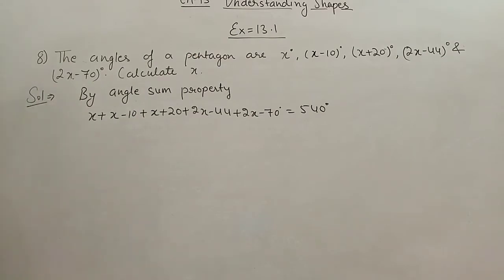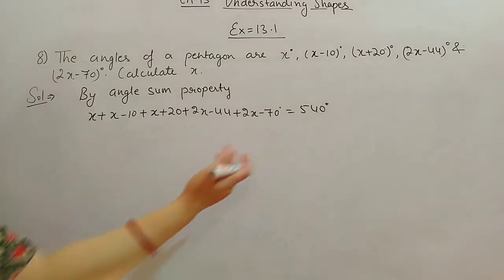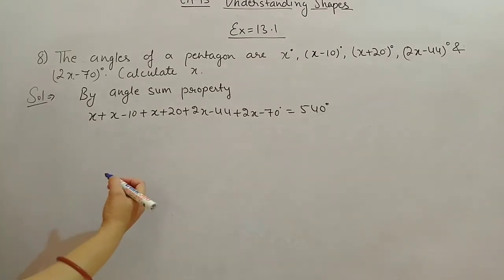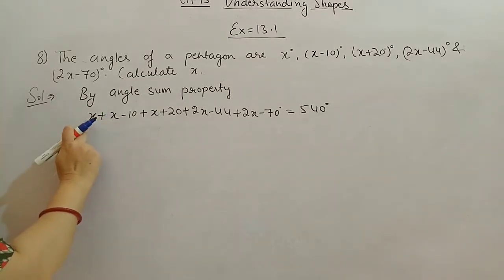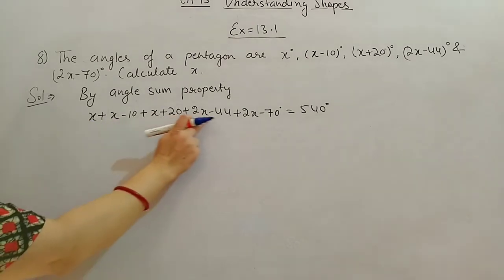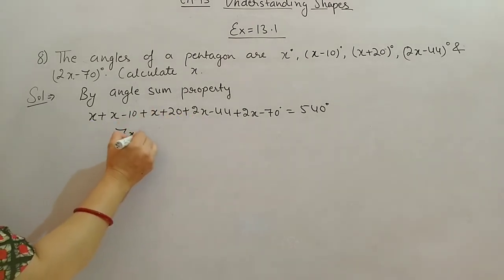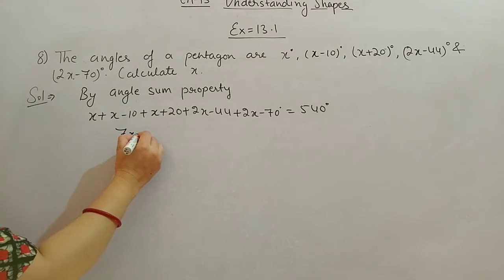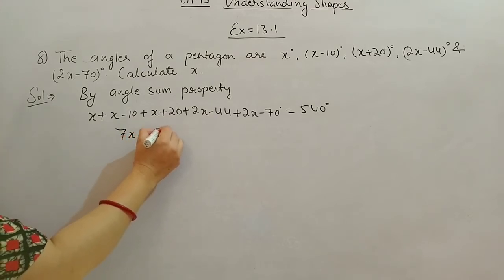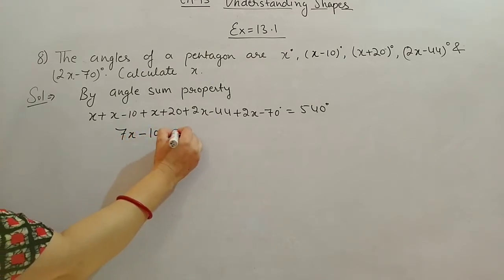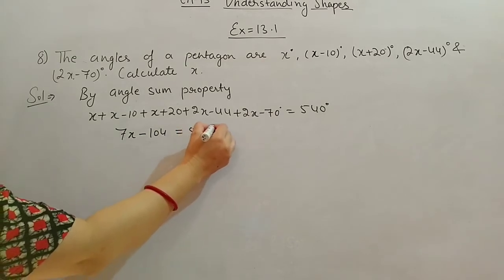So the sum of all the angles of a pentagon is 540. You can use the formula or if you remember directly you can write 540. So add all the x, 1, 2, 3, 4, 5, 6, 7x, and these numbers if you simplify you will get minus 104 is equal to 540 degree.